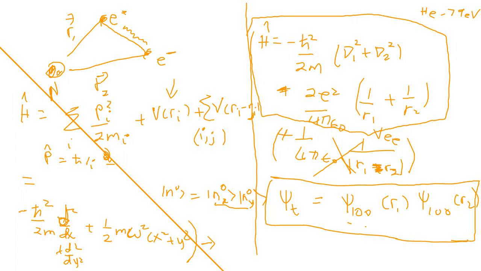The first thing that we want to do is calculate the expected value of the Hamiltonian using this trial function. This is not the exact wave function for the helium atom, but we just use that one. Same thing, so these two, right?